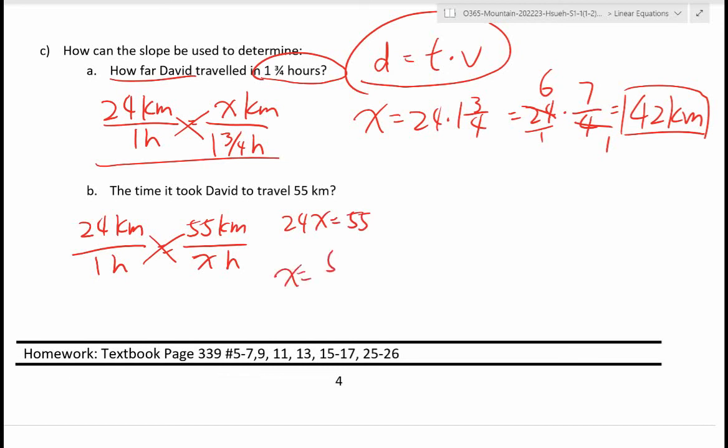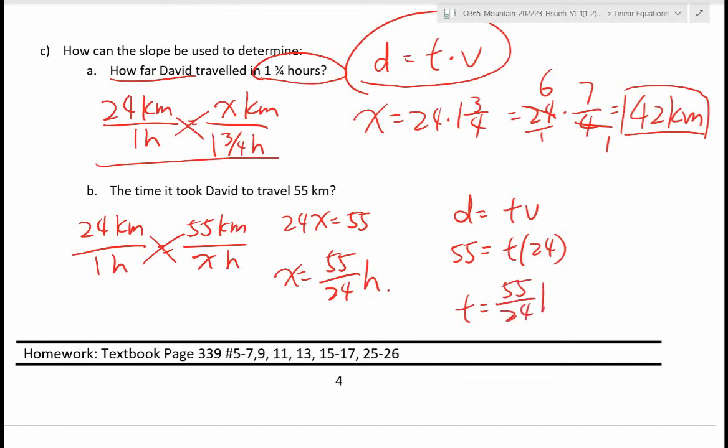So x equals 55 over 24 hours. If you use the formula d equals tv, the distance is 55. The time we don't know, but we know the speed is 24. To solve for t, you simply divide both sides by 24, and you get the same result, 55 over 24 hours.